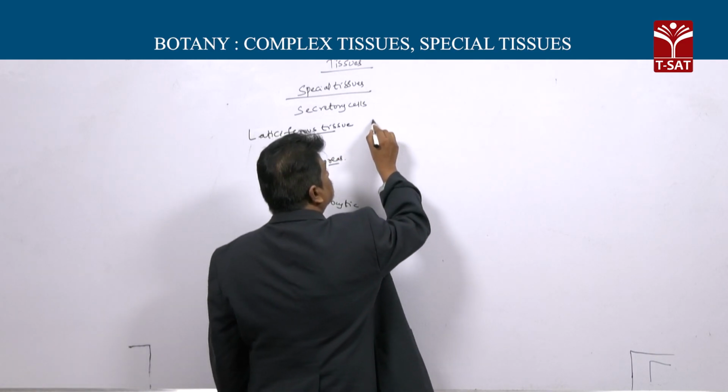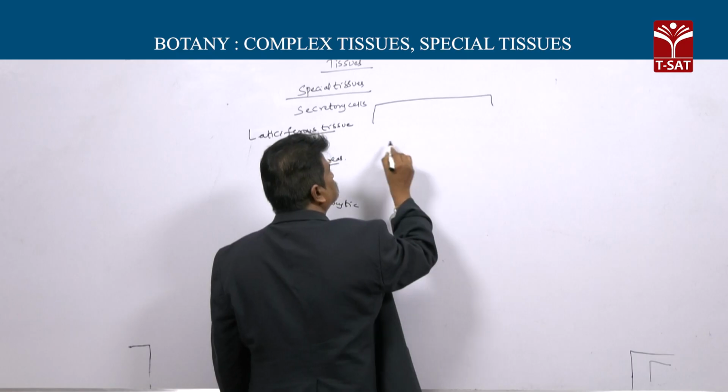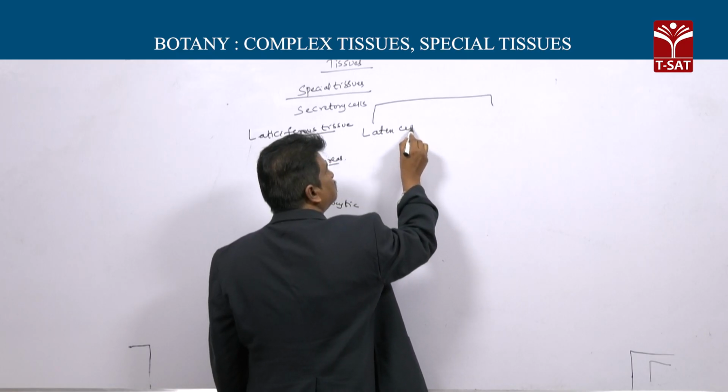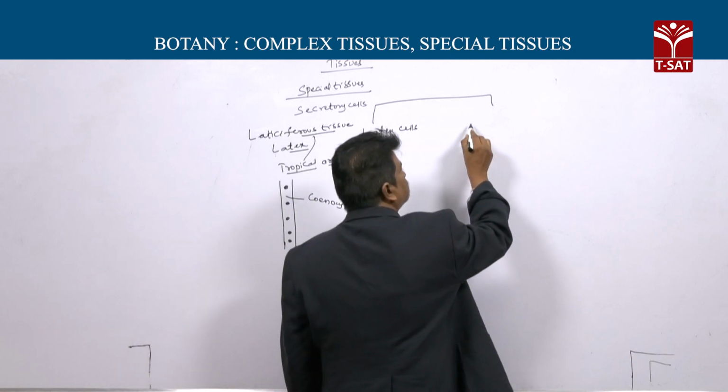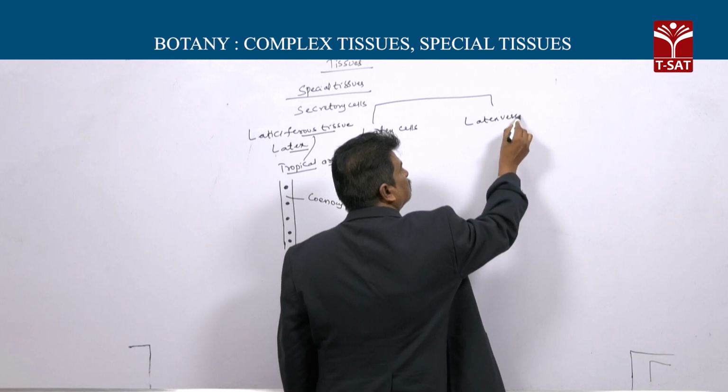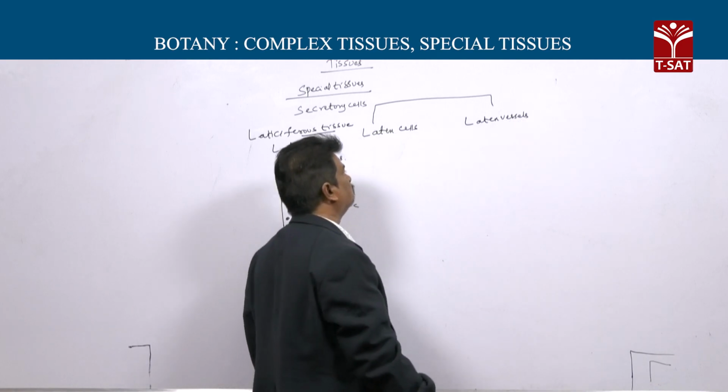Then this latissiferous tissue is of 2 types. One is latex cells and the second one is latex vessels.